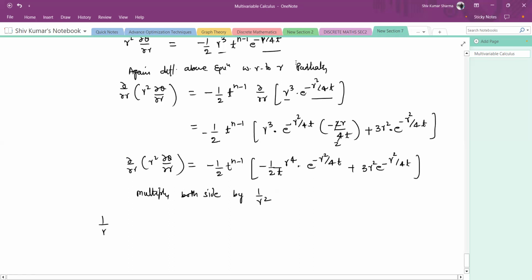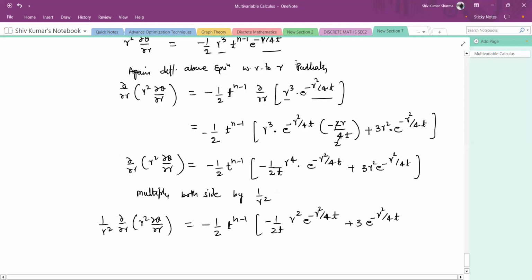When we multiply both sides by 1 upon r square, this gives us minus 1 by 2 t raised to the power n minus 1 into, when we multiply this by r square, r raised to power 4 upon r square gives us only r square, e raised to the power minus r square upon 4t, plus 3 e raised to the power minus r square upon 4t.